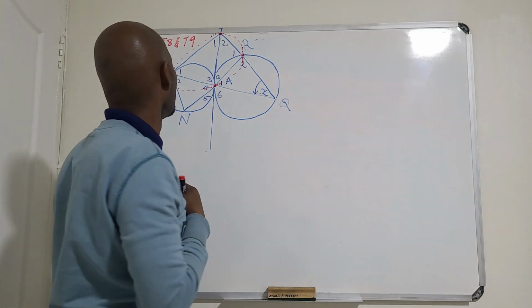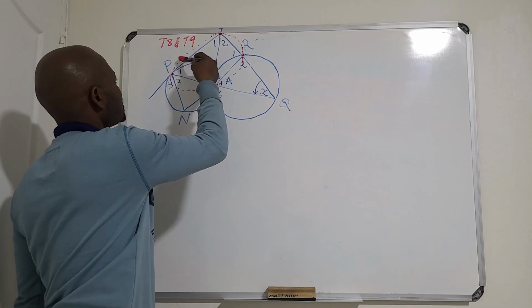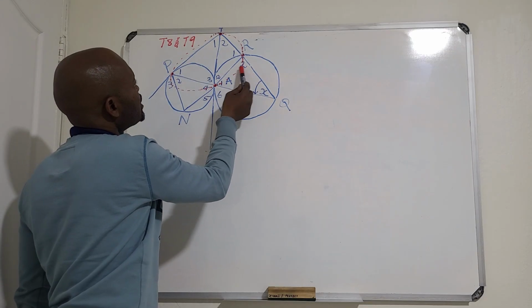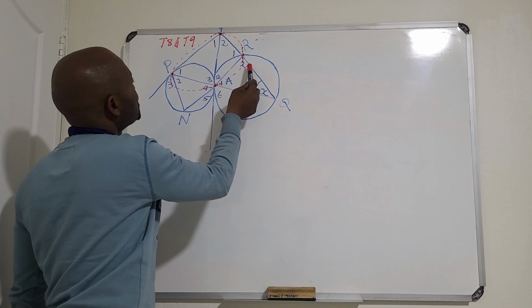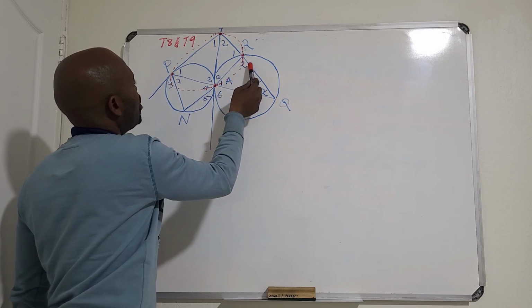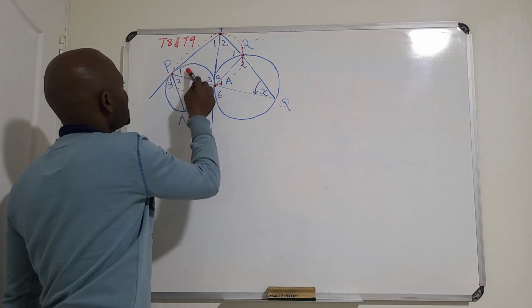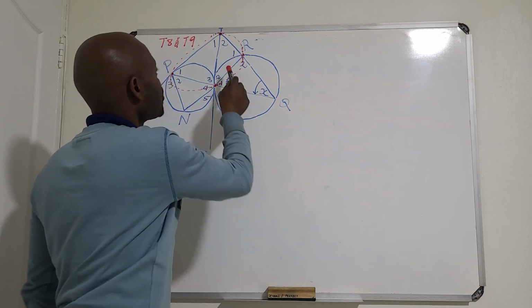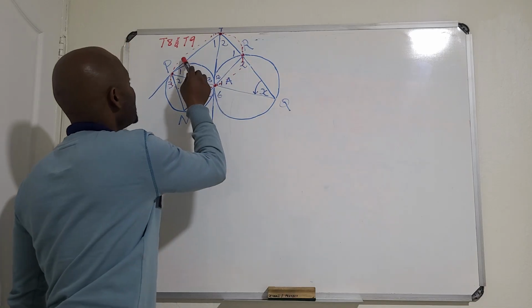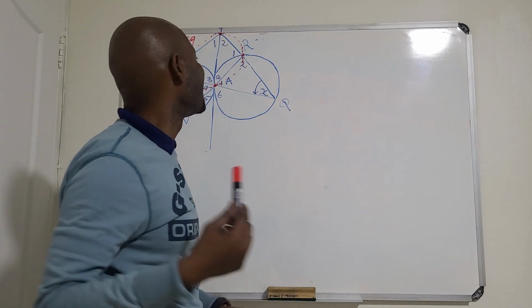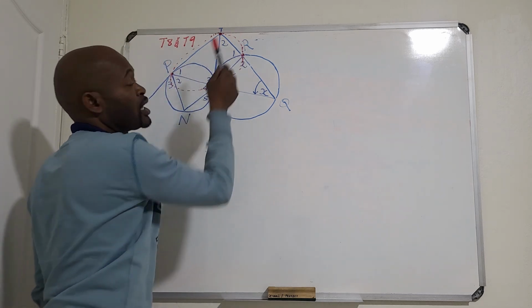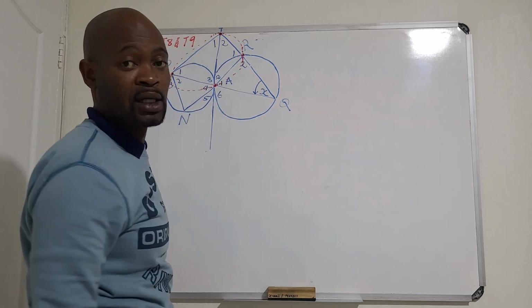But I see that I can use this angle and prove that it is equal to this angle, which is exterior angle of a cyclic quad equals the opposite interior angle. Once I prove that R2 is equal to P1, then I have proved that APTR is a cyclic quad.